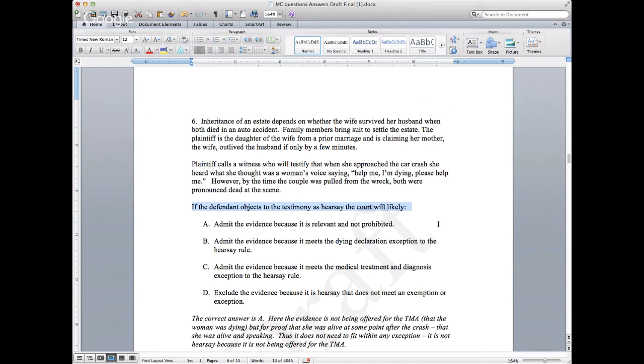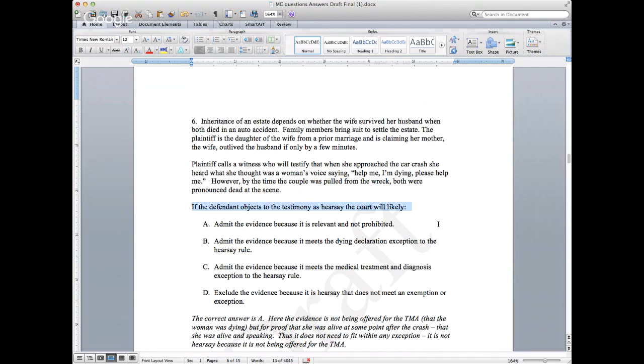Plaintiff calls a witness who will testify that when she approached the car crash, she heard what she thought was a woman's voice saying, "Help me, I'm dying. Please help me." However, by the time the couple was pulled from the wreck, both were pronounced dead at the scene. So we have an out-of-court statement being offered for what? It's being offered to prove that this woman was alive. The statement is, "Help me, I'm dying, please help."